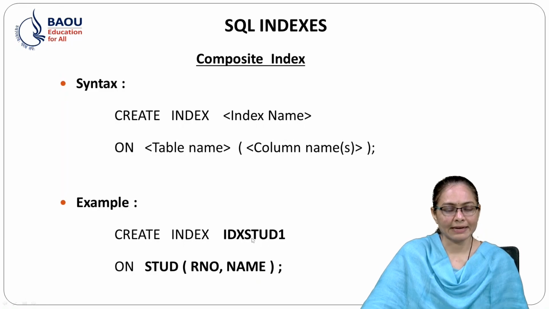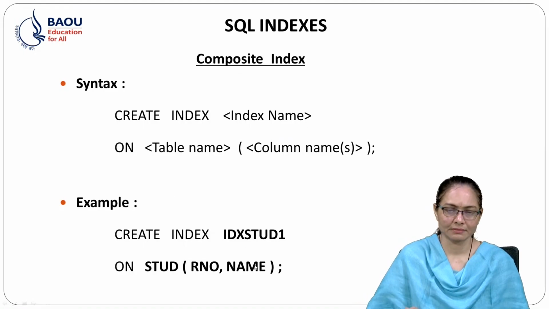So IDX_stud1 is the index name, and this index is created using the combination of both roll number and name from the student table. So this is one single index, but it uses both columns. When we use more than one column, it is called a composite index.